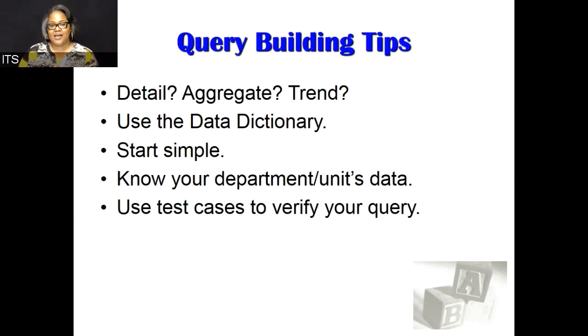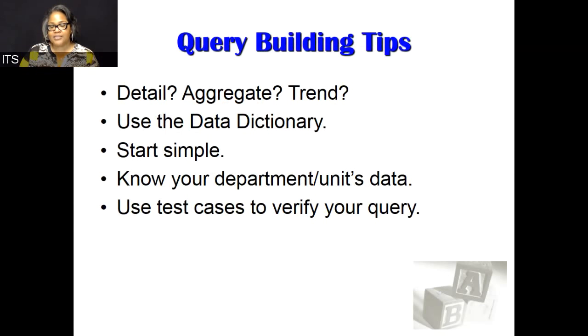So when you're building queries in HR data, you always want to think, am I going to be providing a detailed list? Is it going to be aggregate data, or do I want to look at some trends? If it's detailed, then you can use HRO1 and HRO2. For aggregate data, of course, HRO1 and HRO2 can be used as well.